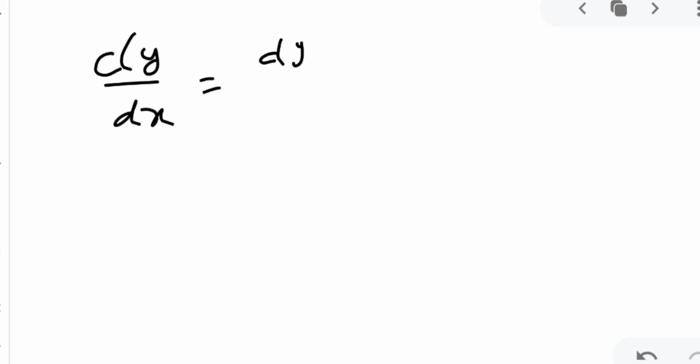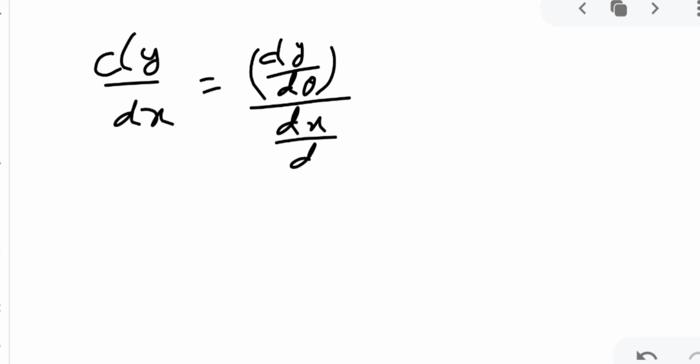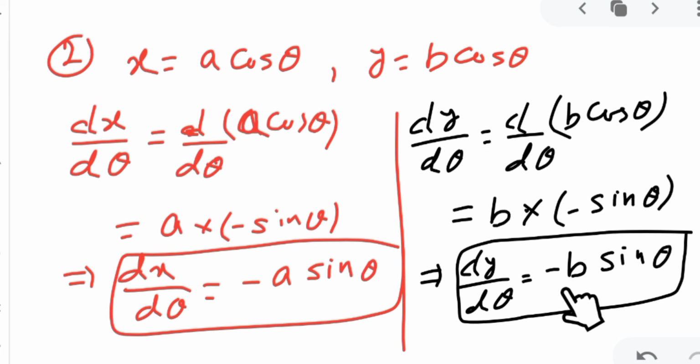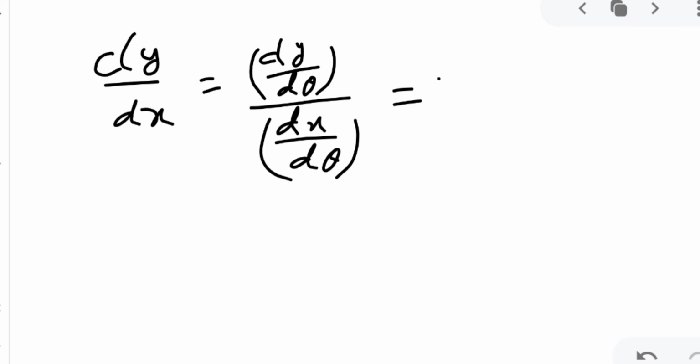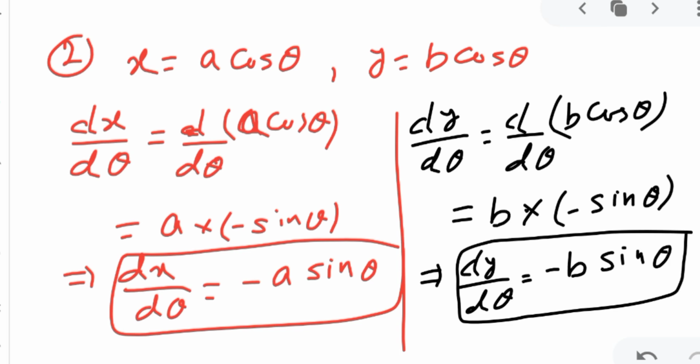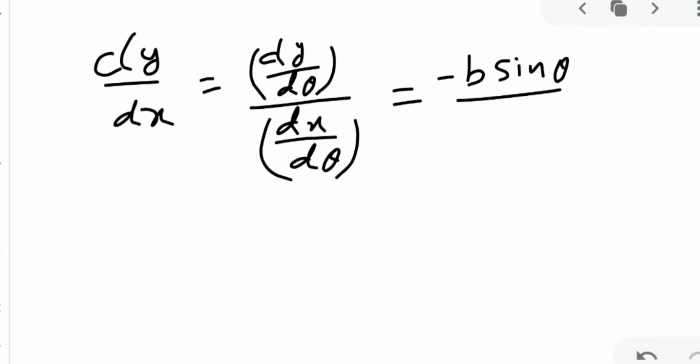So now I have to find dy upon dx. So dy upon dx is nothing but dy upon d theta divided by dx upon d theta. Dy upon d theta is minus b sin theta, and dx upon d theta is minus a sin theta.